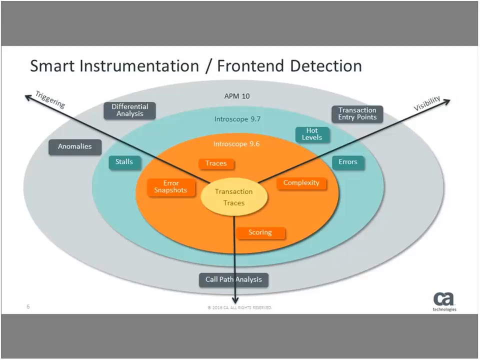Before we go into the technical details, I'd like to explain to you the evolution of transaction analysis, what we do inside the agent. And here's a short overview of the evolution from Introscope 9.6, the inner circle, to 9.7, to APM 10.